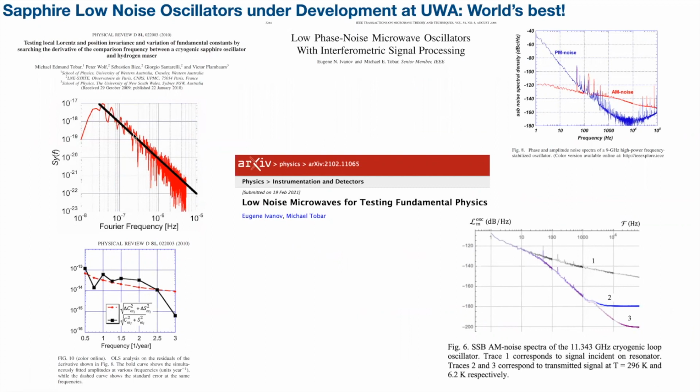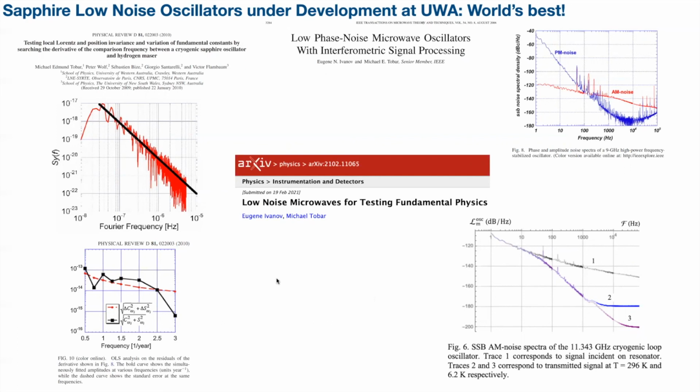This is quite good when you look at it as an amplitude of the modulation, parts in 10 to the 14, 10 to the 13. And the same with the AM noise. The AM noise gets worse at lower frequencies as well, and is of a similar order to this frequency noise. So we really need to do measurements to work out which one would be better.